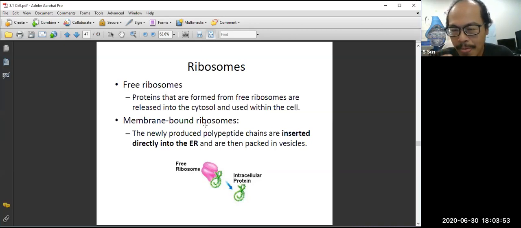So when it produces the protein, they will insert this protein into the ER. ER is a membrane-bound structure. And from there, they will conduct a lot more processes. Then it will be transported, stored, packed in the vesicles. And then from there, it can be moved to a different organelle, such as lysosome, or moved to the extracellular space.